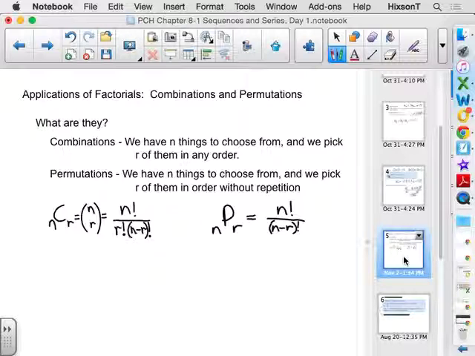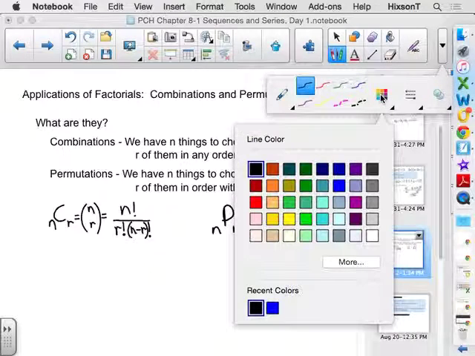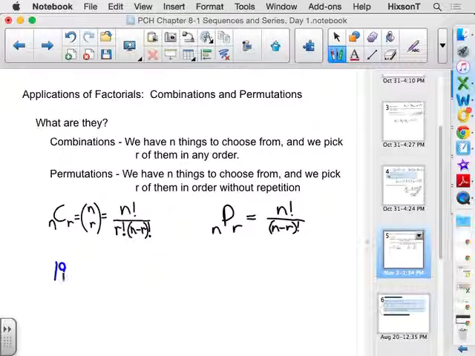So in that case, if I wanted to pick 11 of you, I have 19 to choose from, and I could do 19 choose 11. There's the notation that we can use. Another form of notation for combinations is with the parentheses.